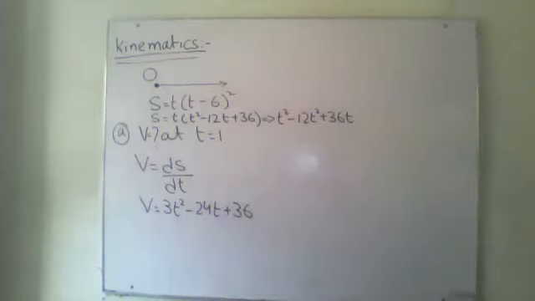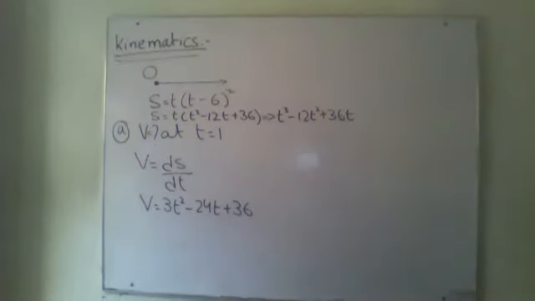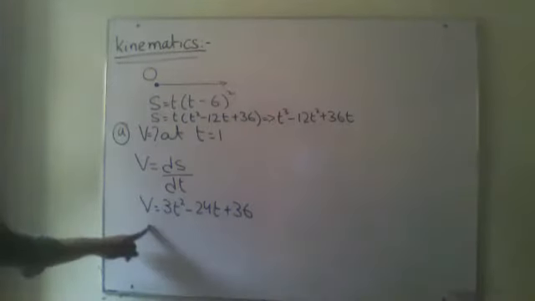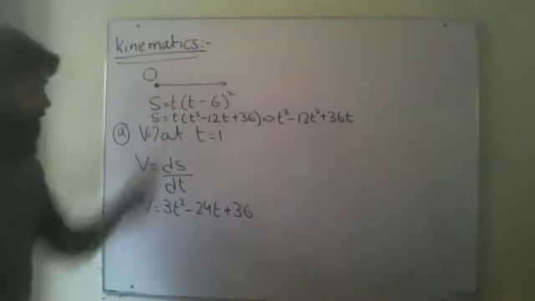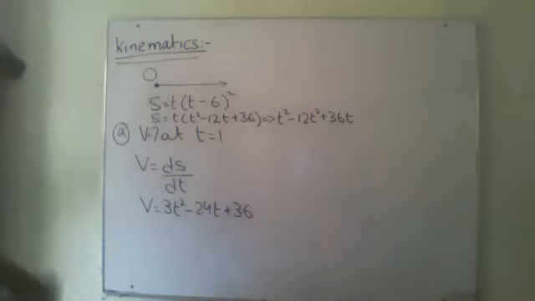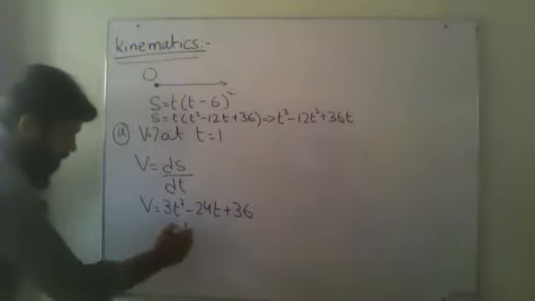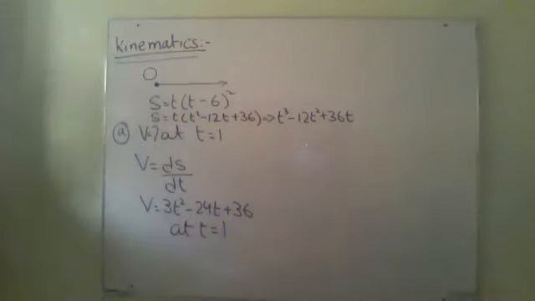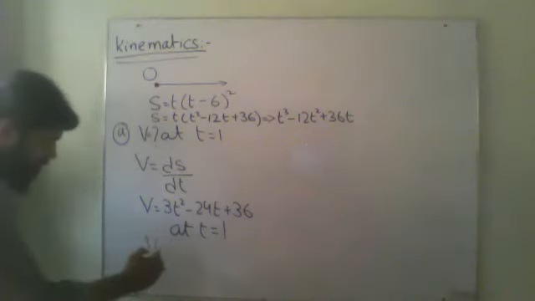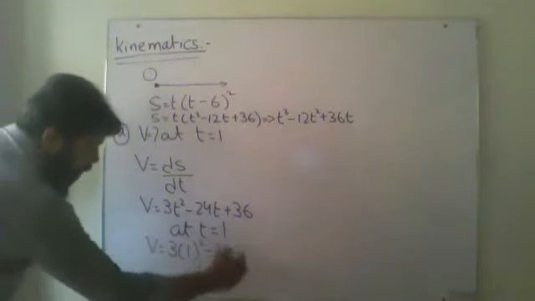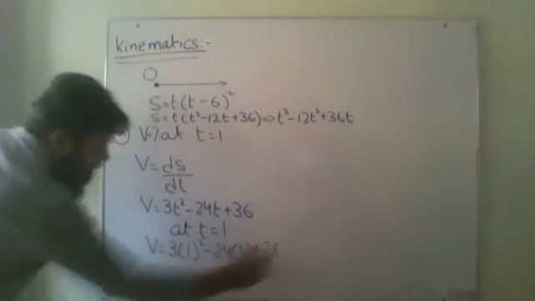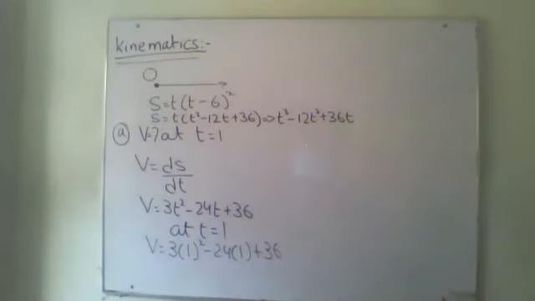This is my differentiated equation, but they are saying find velocity at t equals 1. So v equals 3 into 1 square minus 24 into 1 plus 36. You can use your calculators and get your answer.